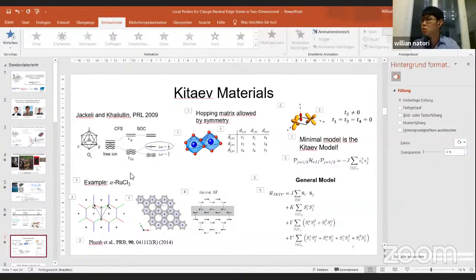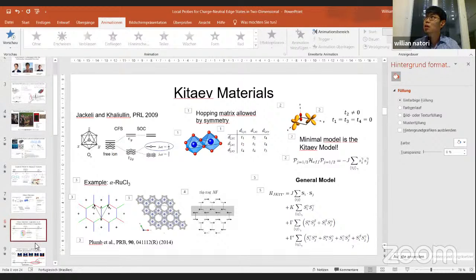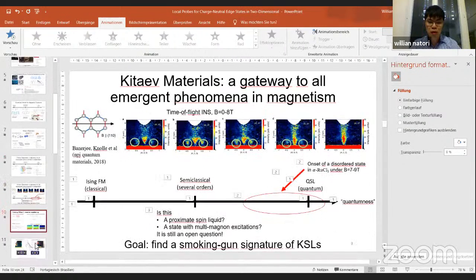As far as I know, this was not found in iridates, except this one based on hydrogen, in which you have something like a disordered Kitaev quantum spin liquid.